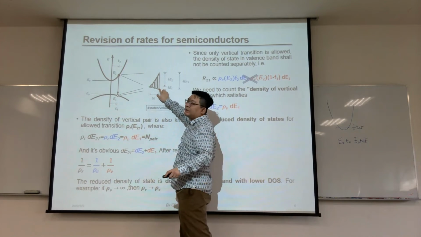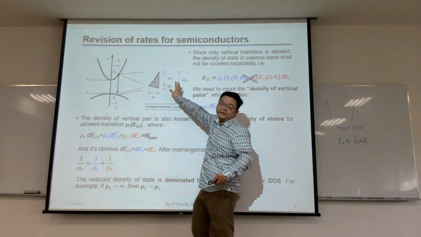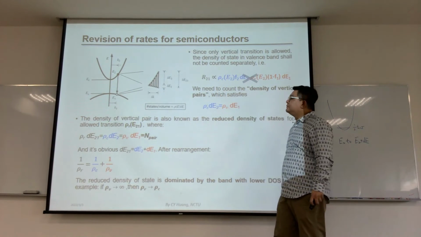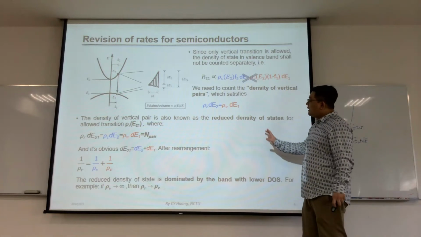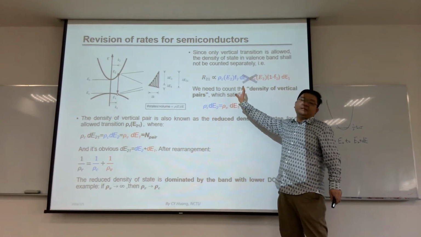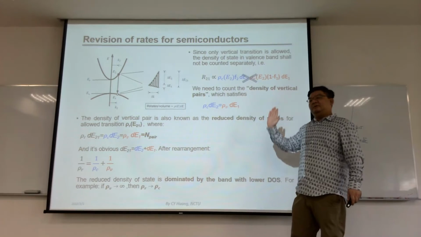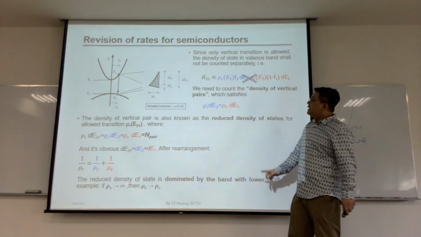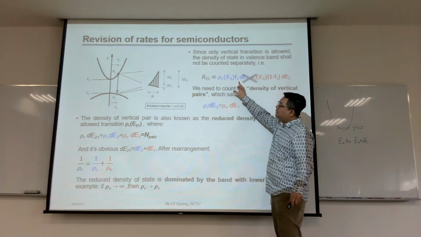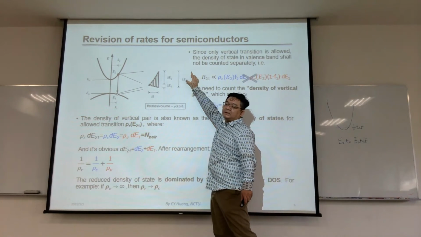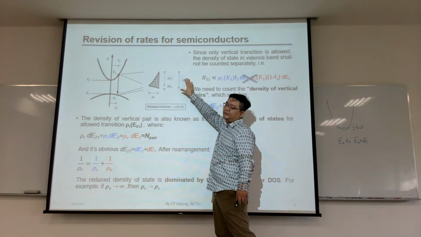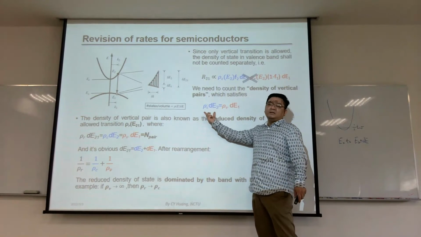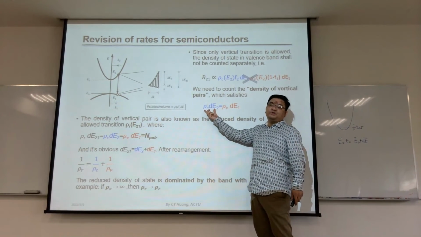Although very close, mathematically it is not reasonable. Since the recombination must happen in pairs, and you are counting only vertical transitions, that means under a small energy increment in the conduction band and the valence band, the total number of states in this small increment should be the same.